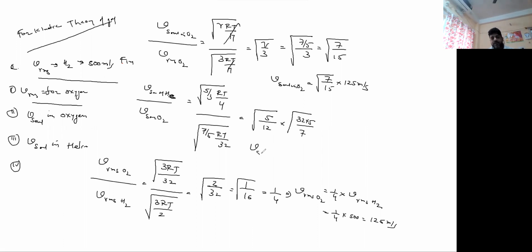So the velocity of sound in helium is 5 by 12, 32 into 5 by 7 into root under 7 by 15 into 125. Now you can easily calculate this.